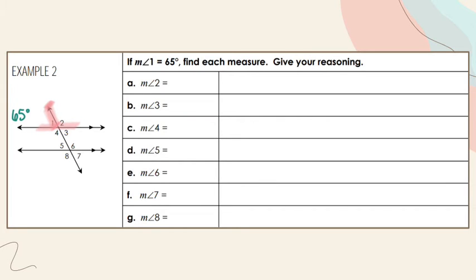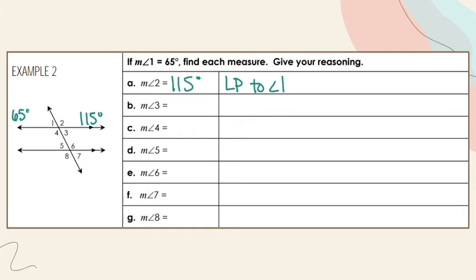So we can find angle 2 by doing 180 minus 65. That's going to give us 115 degrees. But we have to give a reason. The reason is going to be that angle 2 is a linear pair to angle 1. Okay? So let's erase that, but let's write in 115 degrees.